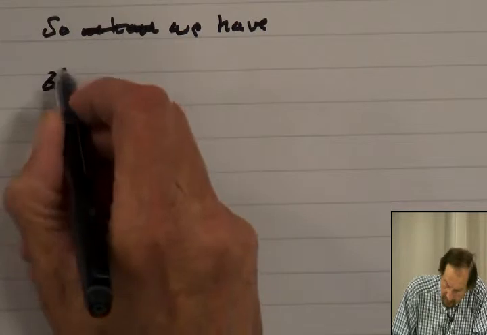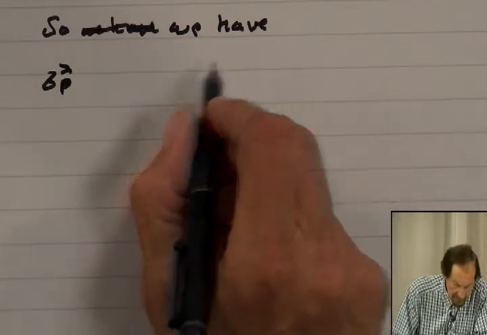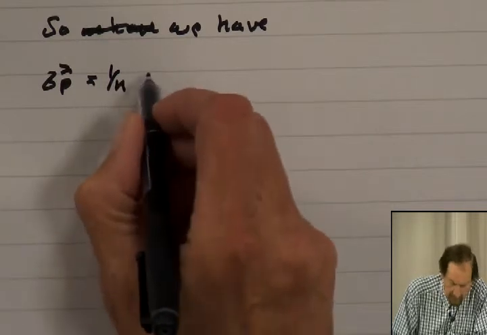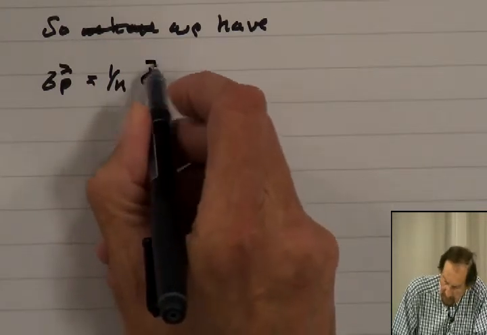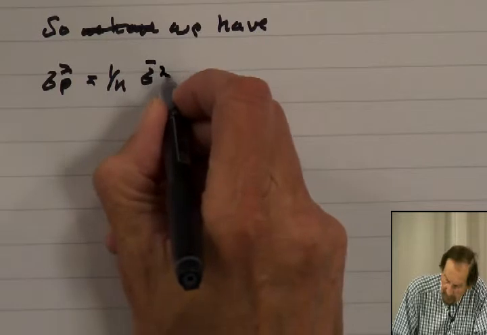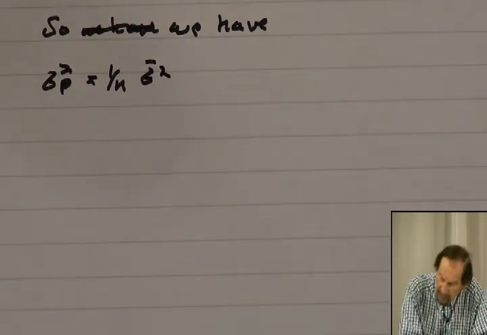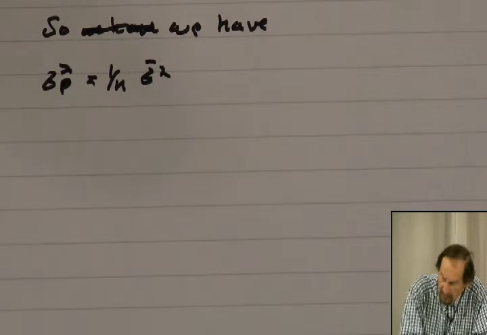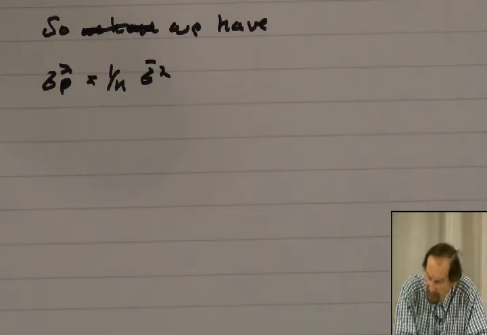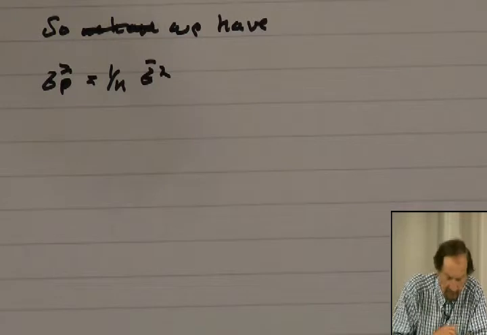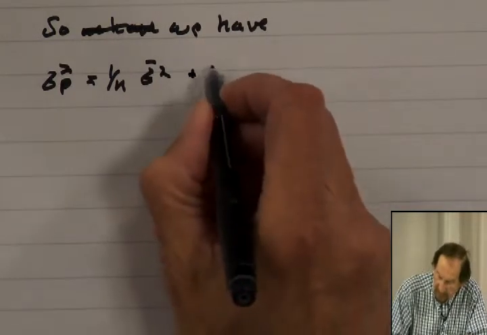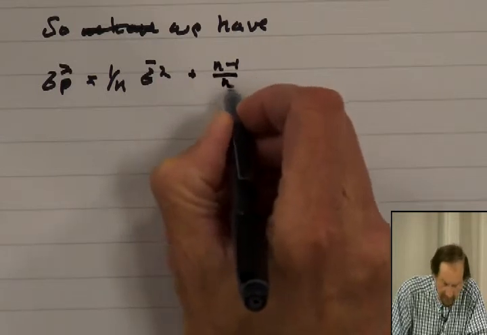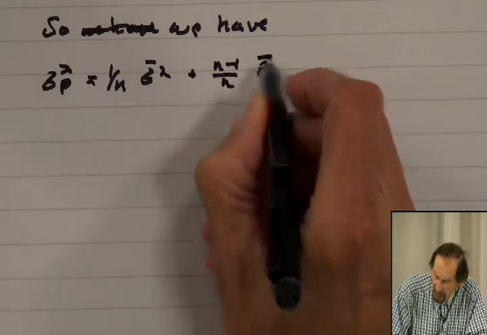The portfolio variance is equal to what? Equals 1 over n times sigma bar squared. So the first term turns out to be the average, 1 over n times the average variance, plus n minus 1 over n times sigma bar ij.